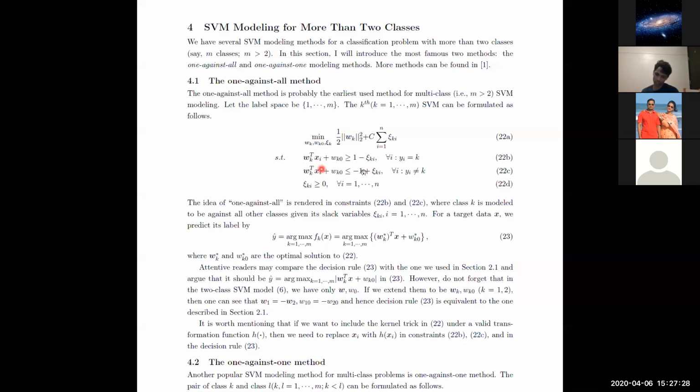Because these two constraints will be the same. The only difference is the negative sign. So if you list both models, for the case of k equal to 1 and the case of k equal to 2, in the case M equals 2, then these two actually give you the same thing: w1 star equals negative w2 star, w10 equals negative w20.